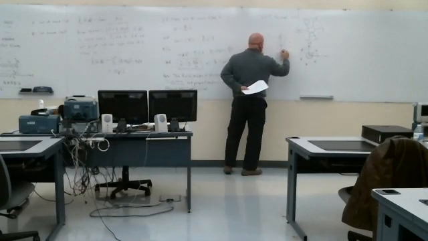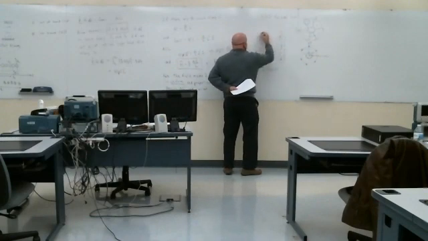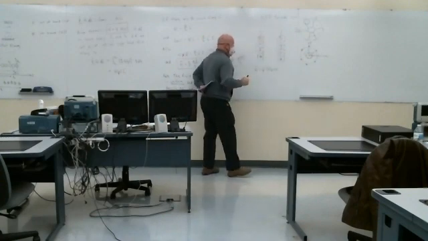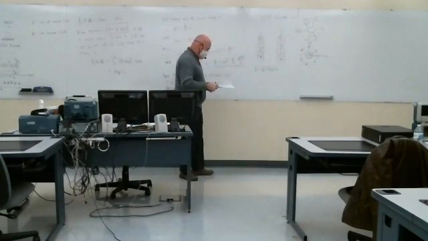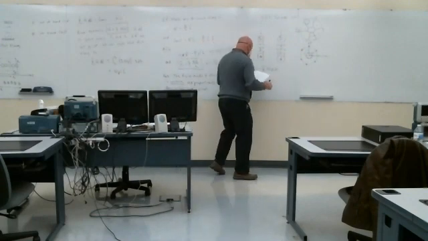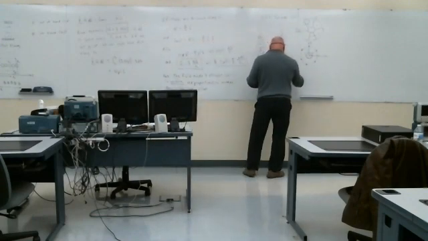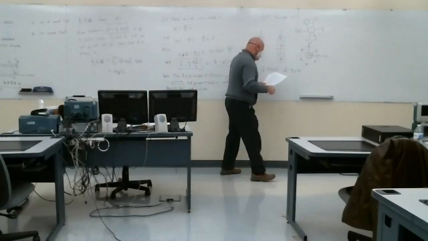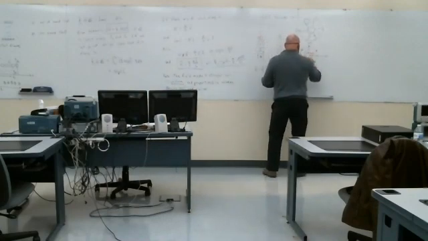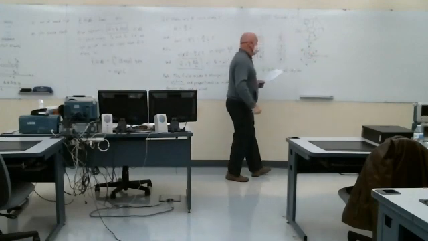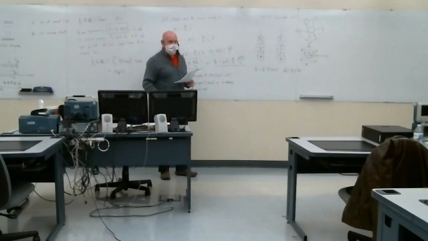Here's my x-axis at this point, or y-axis. And then DL now is phi rho d phi. Here's my integration contour, and it just encloses the current in the center of the toroid.